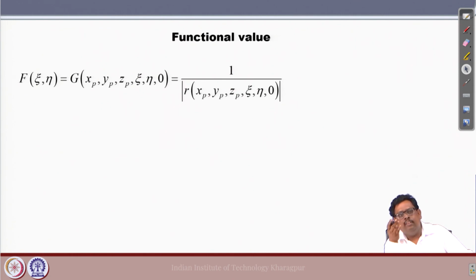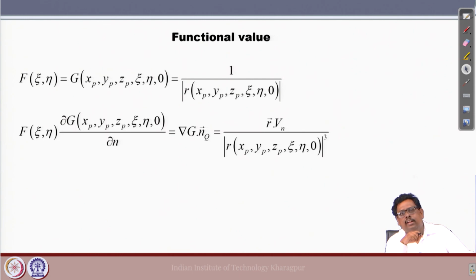Now, we have two integrands, one is g, which is 1 upon r. This 1 upon r is nothing but the distance from the source point, which is x_p, y_p, z_p, to the field point, which is xi, eta, 0. Now, here in Gauss quadrature rule, the 4 Gauss points are nothing but the source points.